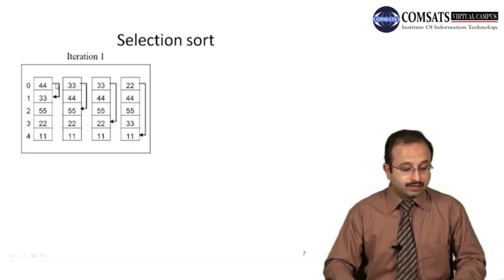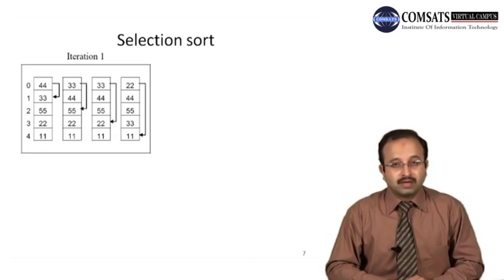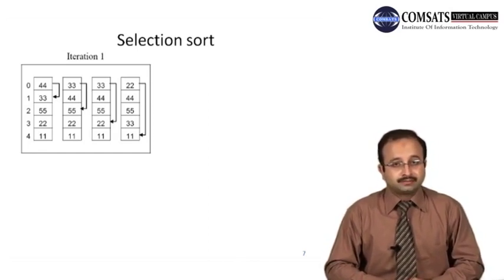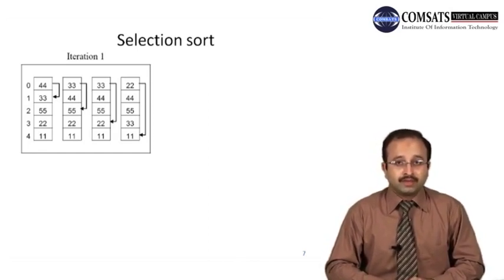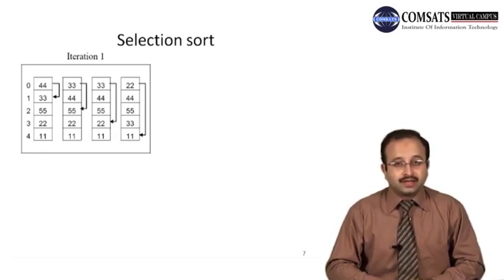First you compare the 0th index element with the 1st element. So in the first iteration you will compare the element at the 0th index with all the remaining elements, and you will perform swapping. That means you interchange the values if the 0th index value is greater than any of the other indexes' values, right?